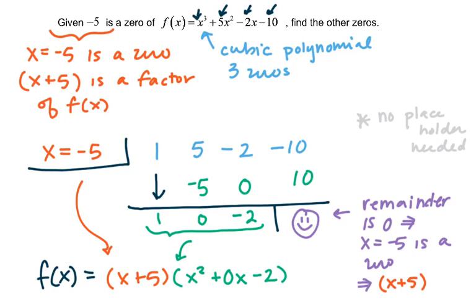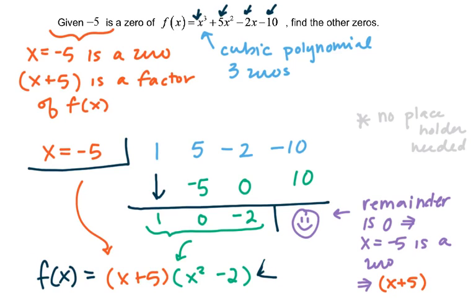And of course, I don't need to write 0x, so I'm just going to write x squared minus 2, and then plus my remainder of 0. Again, I don't need to write plus 0. So if you look at what I have here, I have f of x written in factored form.